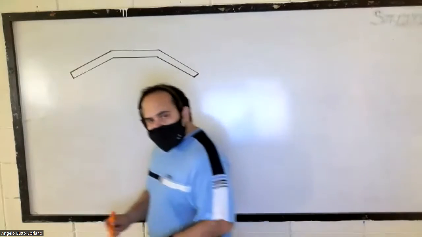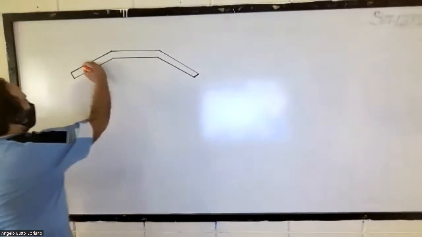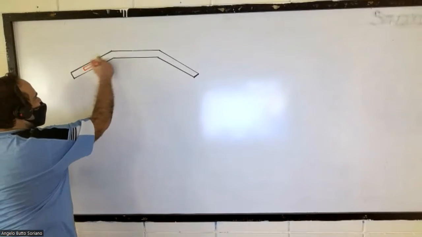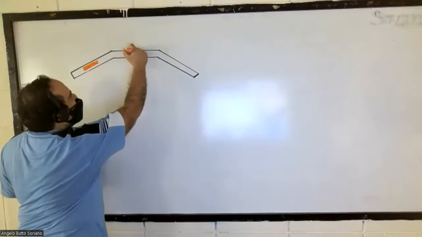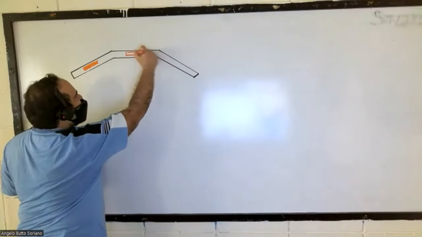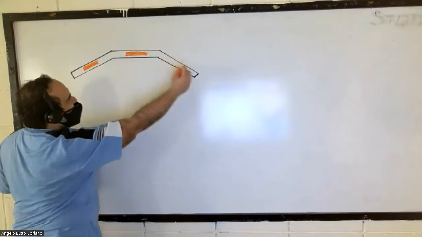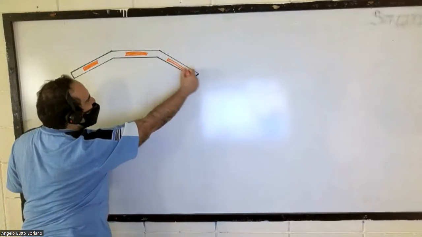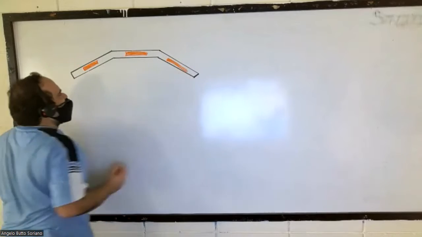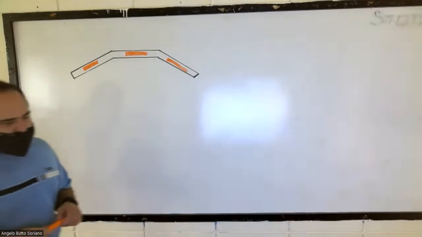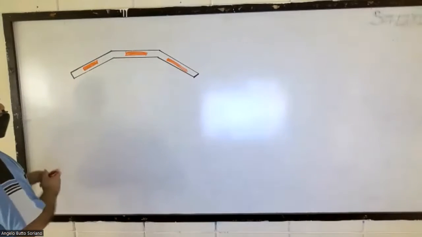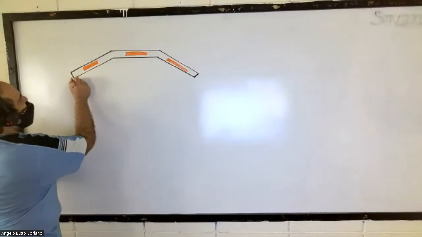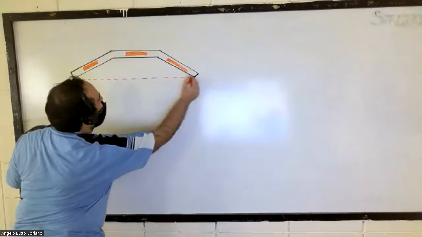And remember, according to the problem, this is one line of the highway. This is the highway. And another line of the highway. And if we remember what we talked about yesterday, we have a dash line located over here.